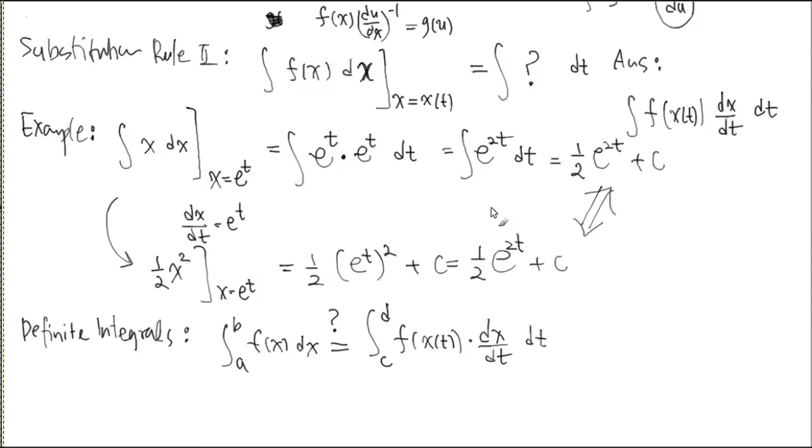If you plug in x equals x of t and later on. But if I have a number a and b in there, can there be a c and d there? These two things are equal to each other. So when we are doing the u substitution, it looked like this. U equals u of x, right? And x equals a and x equals b, right? So you just calculate it, plug it in here, and you calculate it. If you actually go through the proof of substitution part 1, there's no problem.